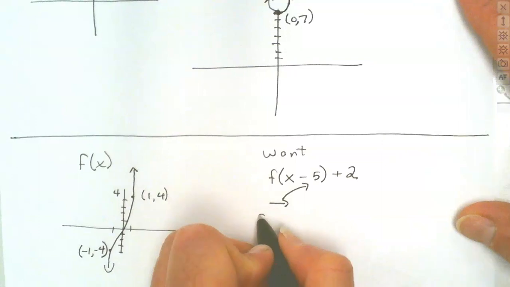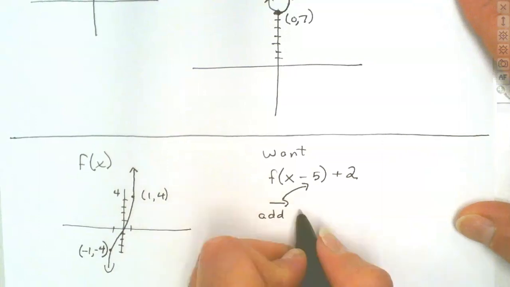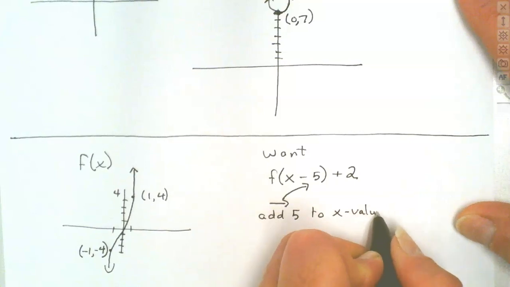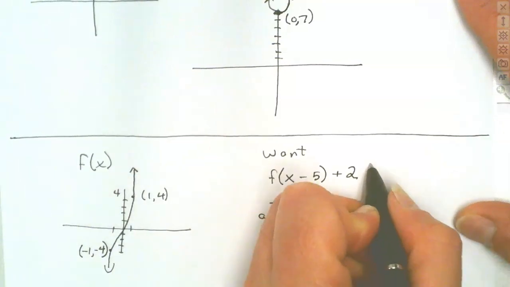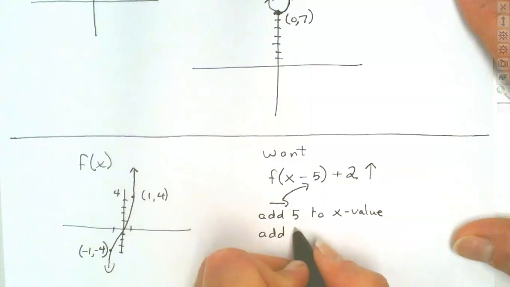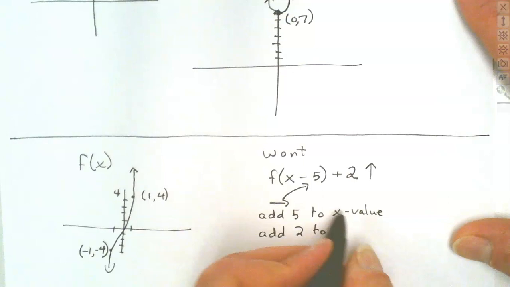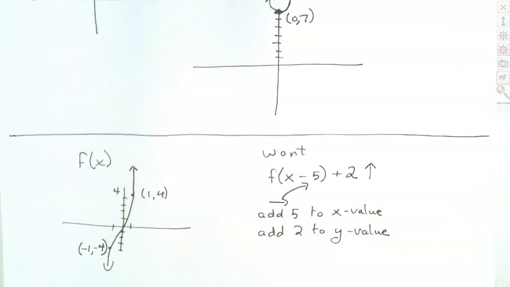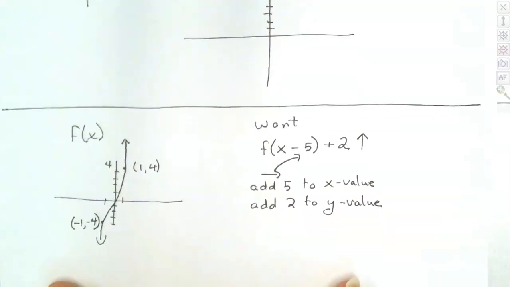So we're going to have to add 5 to the x values. Because it's inside. That 2 is moving it up, so we're going to have to add 2 to the y value. So that tells us what we're going to be doing.